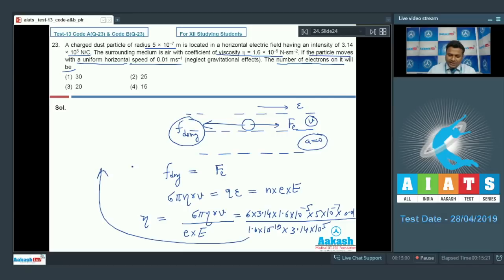Solving it, we get the number of electrons as 30. So therefore option number 1 we can go with, which is absolutely correct.